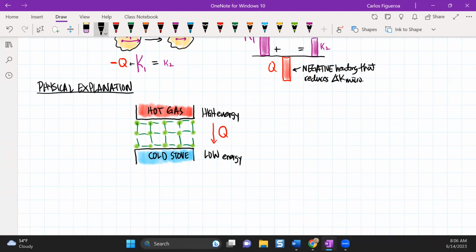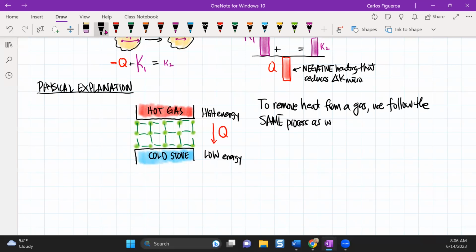So then what I'm seeing here is that to remove heat from a gas, we follow the same process as with heating, let's say, water that we did before.